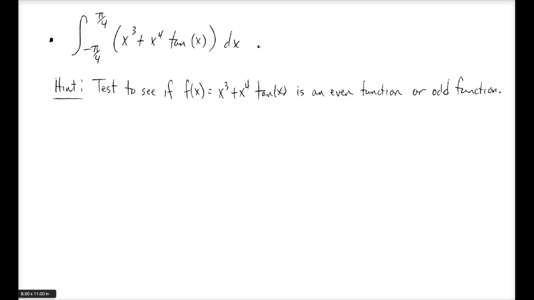And another thing that is sort of piquing our interest here is that we have x cubed, which we know is an odd type of function. And we also see that tangent x in the next term is an odd function as well.